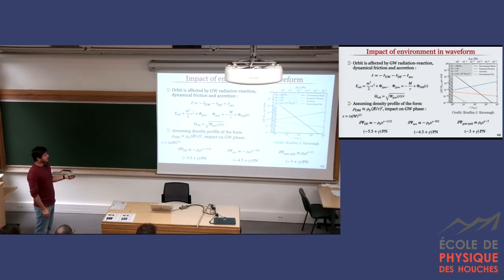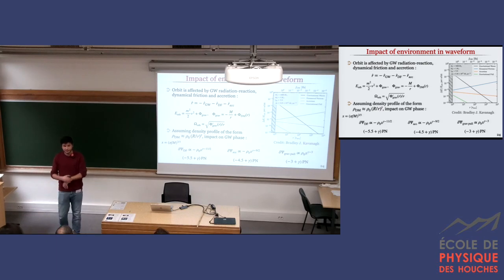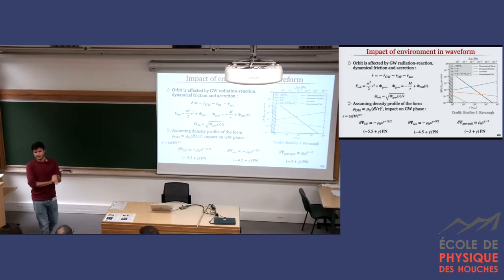If you consider that gamma is 0, so that this is a constant density medium, your dynamical friction term is a minus 5.5 PN order correction to your phase. So it's a very small PN correction, a very negative PN correction.